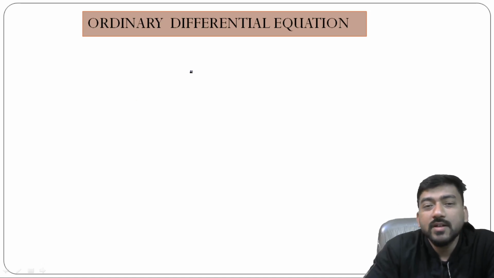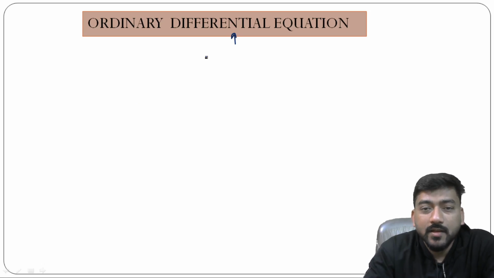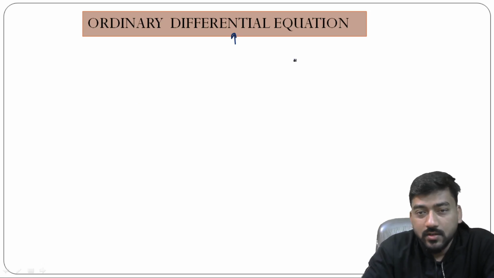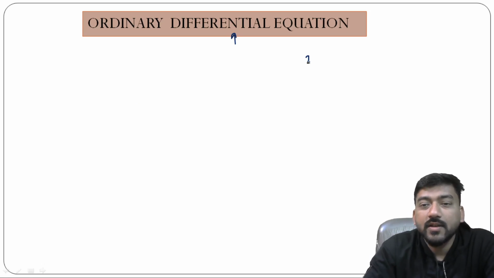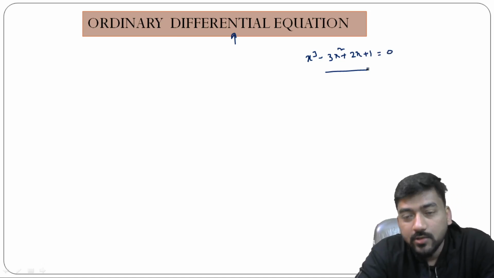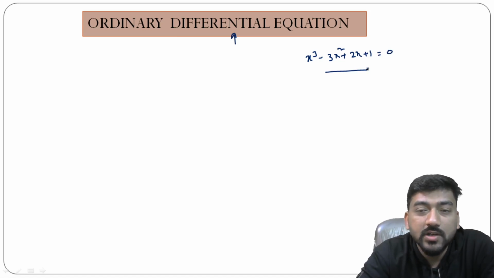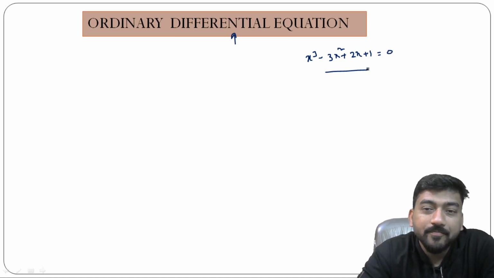So the first question that can arise is, what actually is meant by a differential equation? In an algebraic equation, suppose x cube minus 3x square plus 2x plus 1 is equal to 0, this is an algebraic equation. This is the polynomial equation of degree 3.